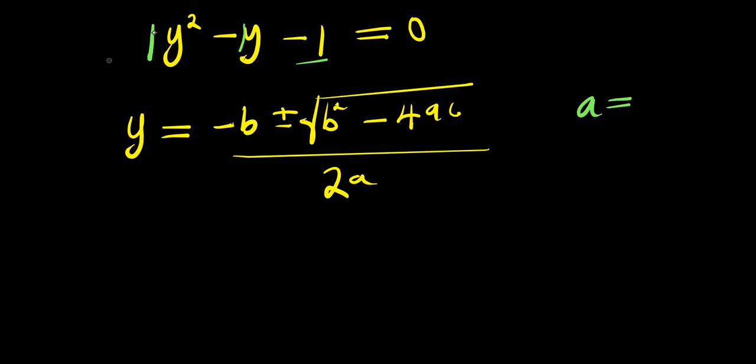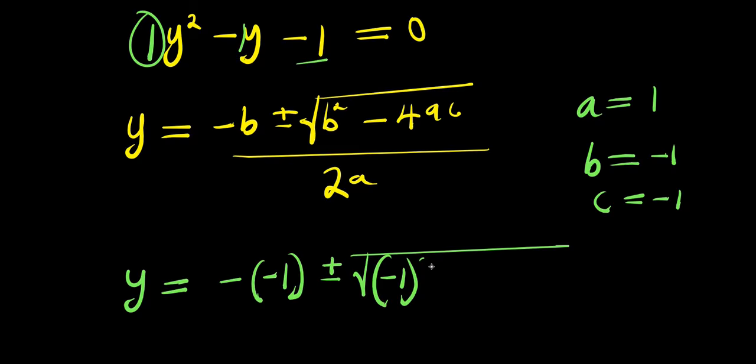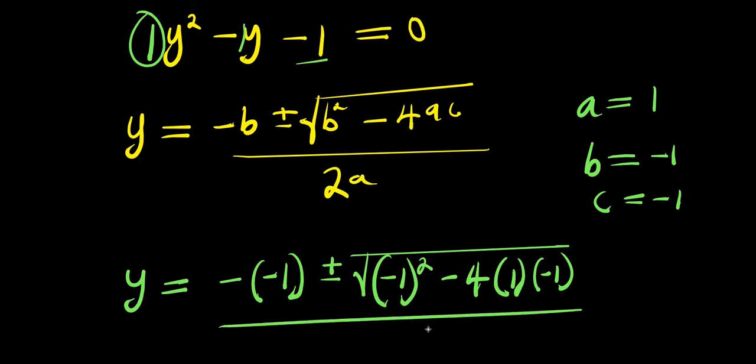So a is the coefficient of y squared, that is 1, based on this formula. b is negative 1. And c is negative 1. So from here, we have y equals negative b, that's negative times negative 1, plus or minus square root of b squared, that is negative 1 to the power of 2, minus 4 times 1 times negative 1, divided by 2 times 1.